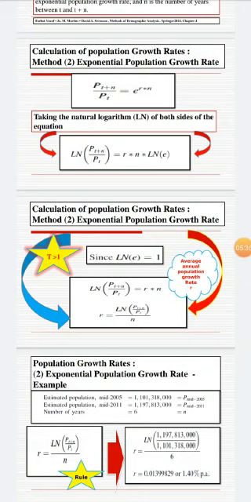In the first method, the difference between the two periods of time is 1 year and the growth rate of urban population is R. Method 2 gives us the average annual population growth rate R. The final rule in slide 5: R equals ln of P(t+n) divided by P(t), all divided by n. n is the difference between the two periods of time.